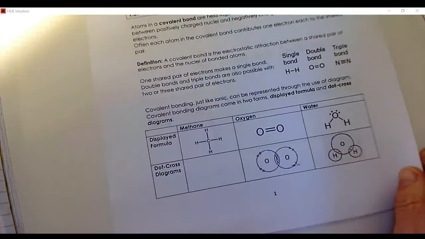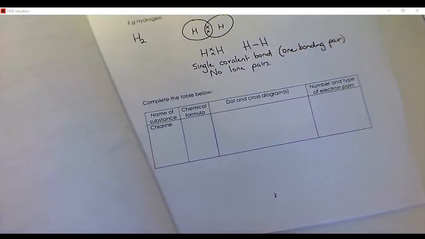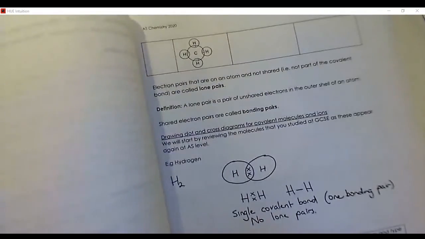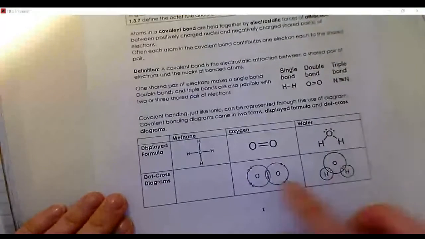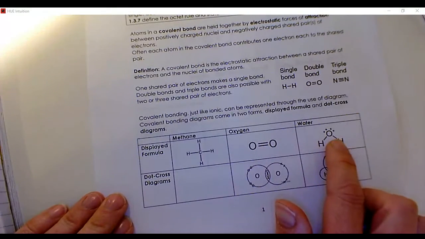Okay, so it says here that bonds can be represented, so this is what we're going to work on now. You've got different types of representations. You should recognize these dot and cross diagrams and the line diagrams from GCSE.